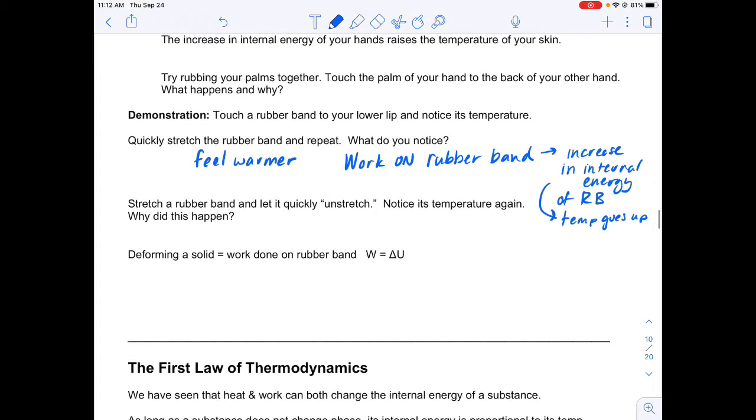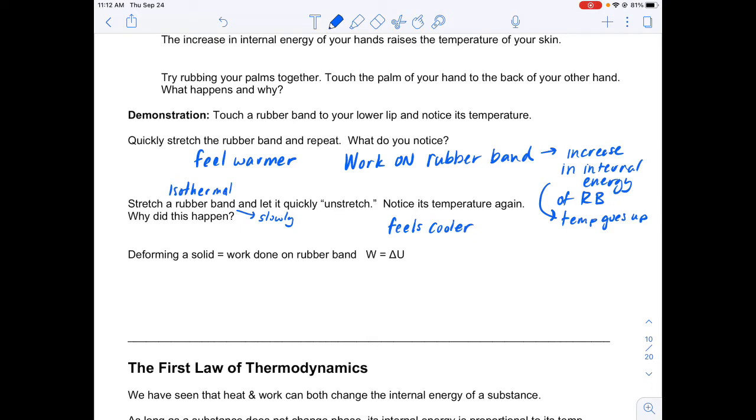You can do the reverse as well. If you stretch a rubber band slowly, and this is called isothermal, we'll use that word later, isothermal. If you do it slowly so that the temperature of the rubber band is allowed to stay approximately room temperature, and then quickly let it unstretch, you should notice that it feels cooler.